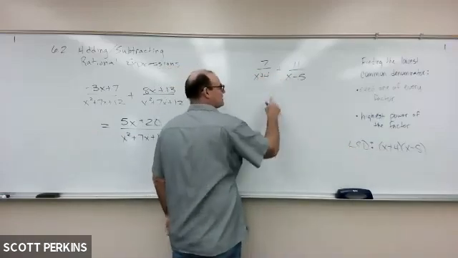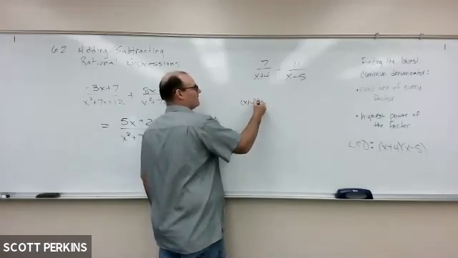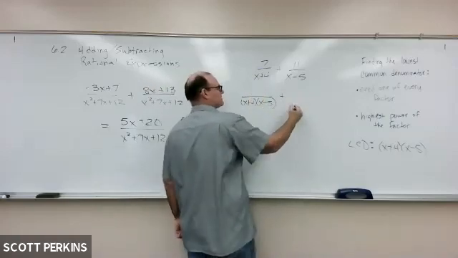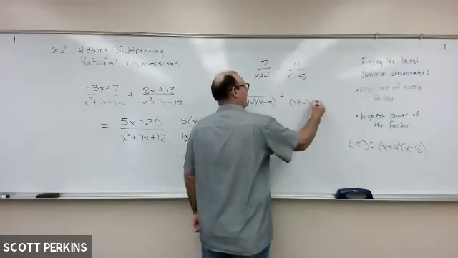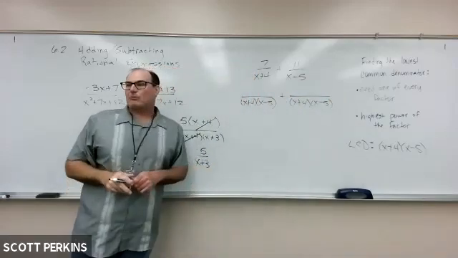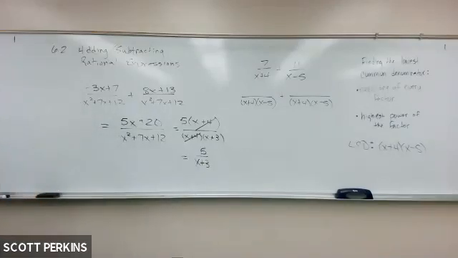I've got 2 fractions. I'm going to write that common denominator twice. So I've got x plus 4, x minus 5. That's going to be for this fraction. Plus, I've got x plus 4, x minus 5. That's going to be for this fraction. I wrote my common denominator down twice, once for each of the 2 fractions that I have.